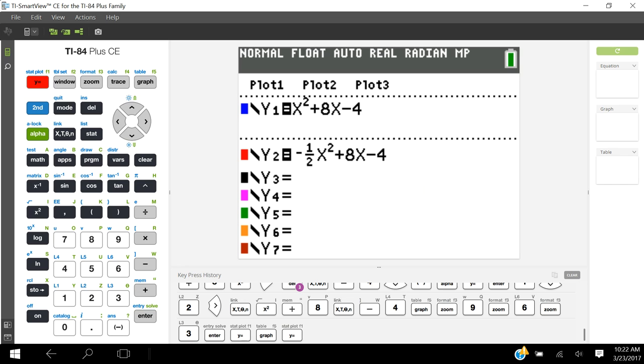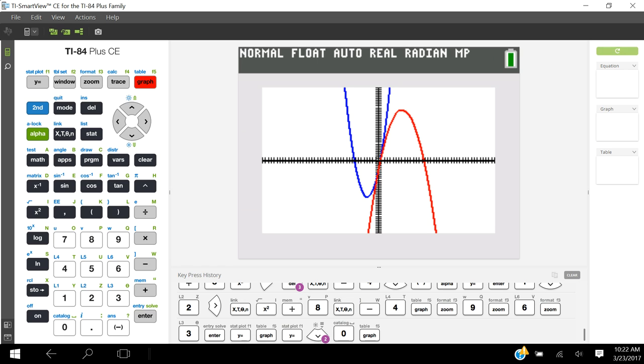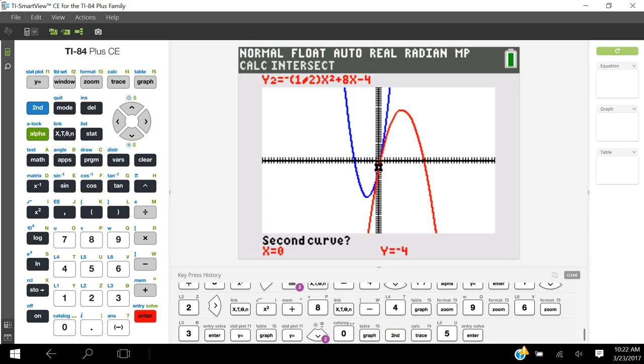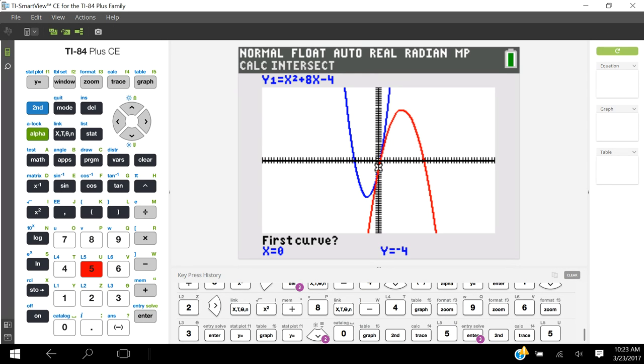Just for fun, let's put 0 in. Second, trace 5, enter, enter, enter. Okay, that's going to show me where they intersect each other, which is not what I want. So let's do second, trace 5.